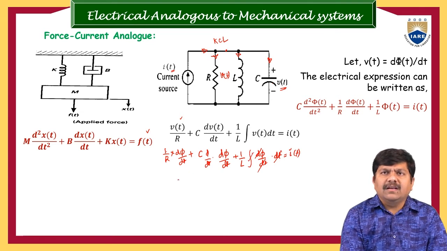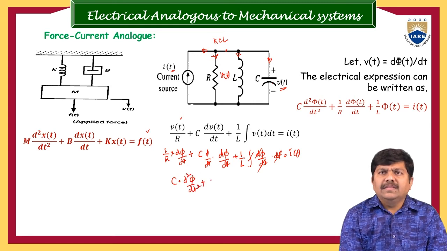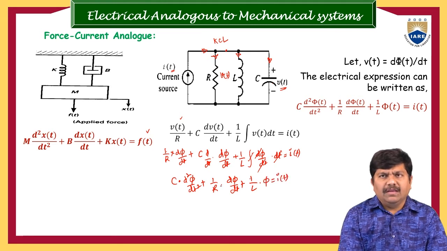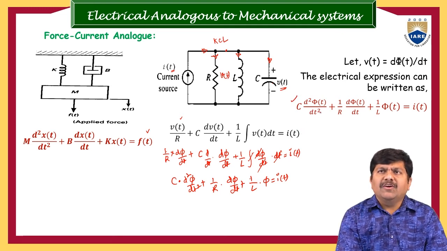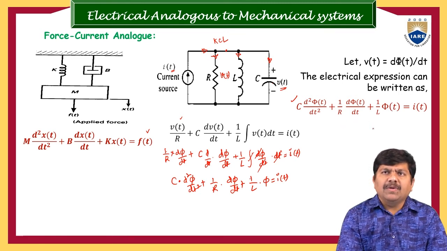I am writing the second order term first: C into d square phi by dt square plus 1 by R into d phi by dt plus 1 by L into phi equals current I of t. So this is the equation: C d square phi by dt square plus 1 by R d phi by dt plus 1 by L phi of t is equal to I of t.